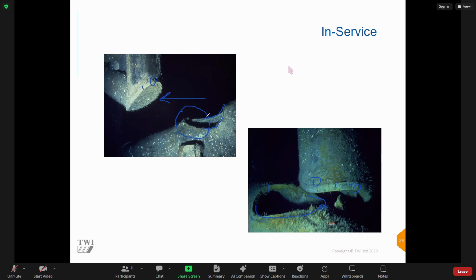The other important thing to note is, you know, before the actual failure occurred, before those two components, there's no evidence of any plastic deformation here. The marine growth isn't even disturbed. Okay, so we wouldn't have known that crack was growing there unless we'd have done some sort of inspection on it.